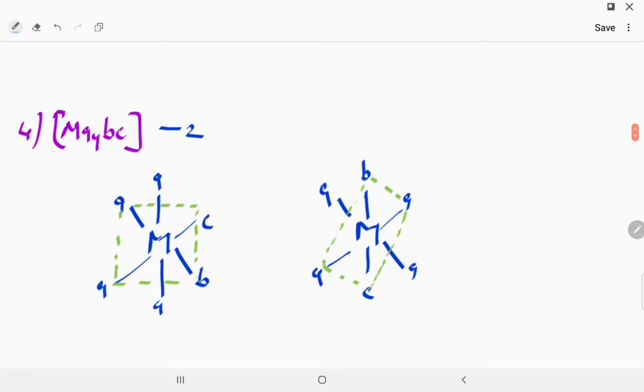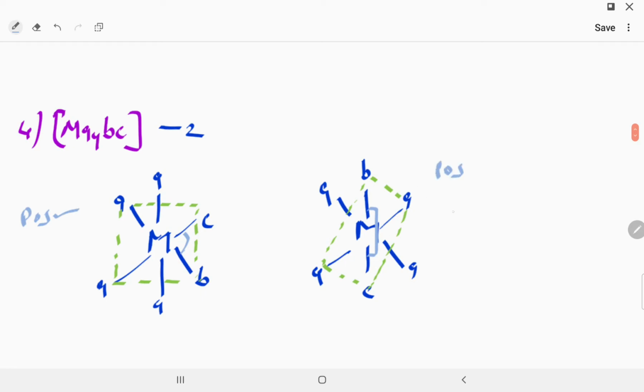Now you can see that when the metal atom has 4 same ligands and 2 different ligands, B and C, in this we can say B and C are cis, B and C are trans, and this green dotted line is a POS plane where we cut into 2 equal halves. So in this compound there is a POS plane.